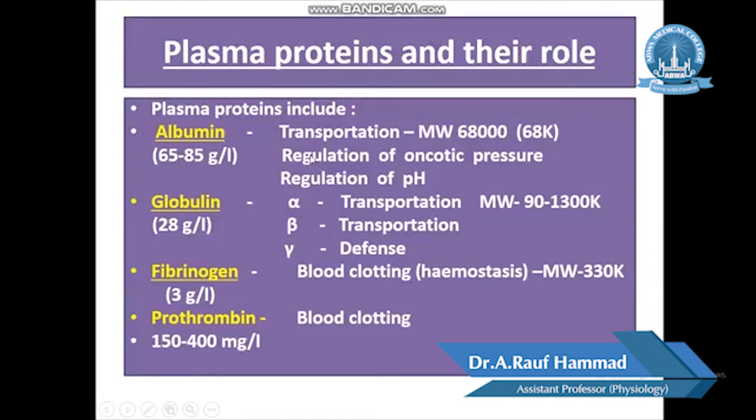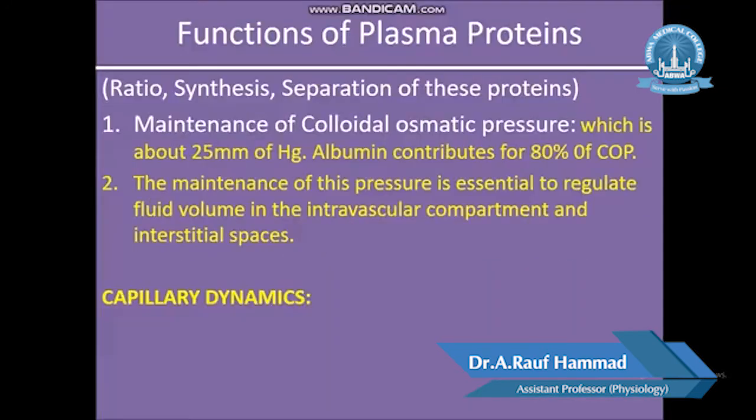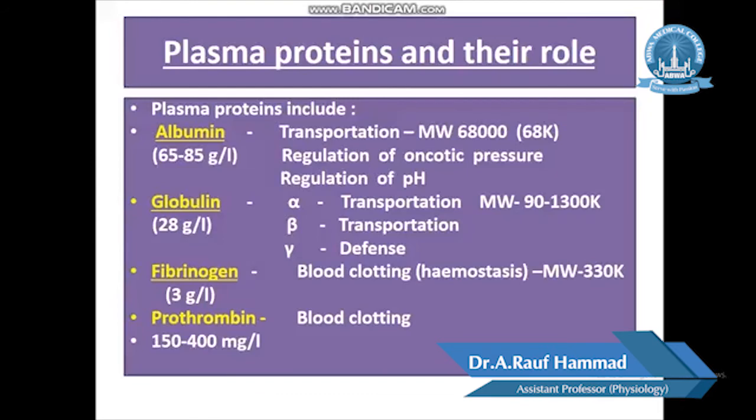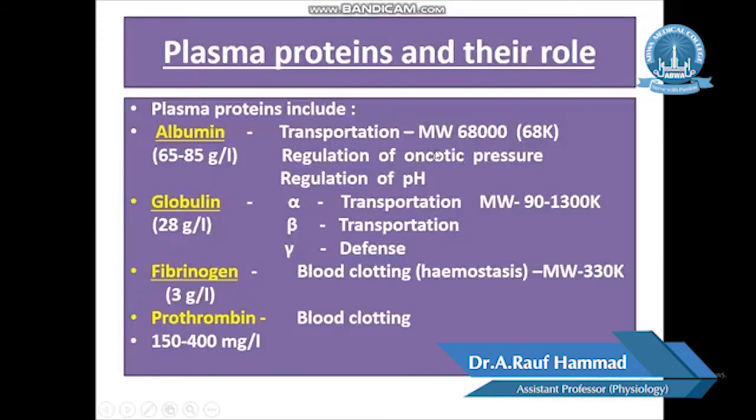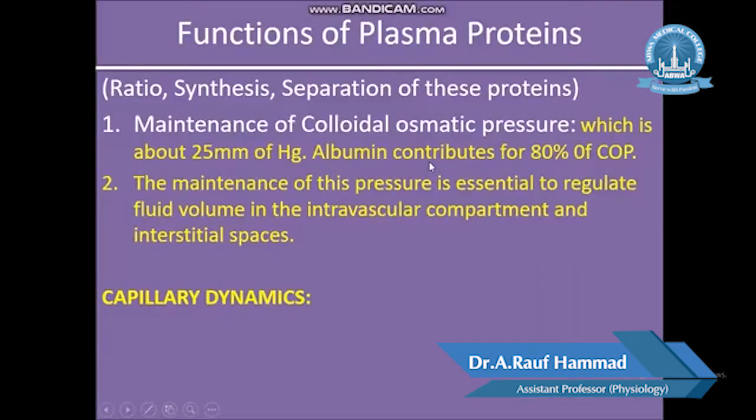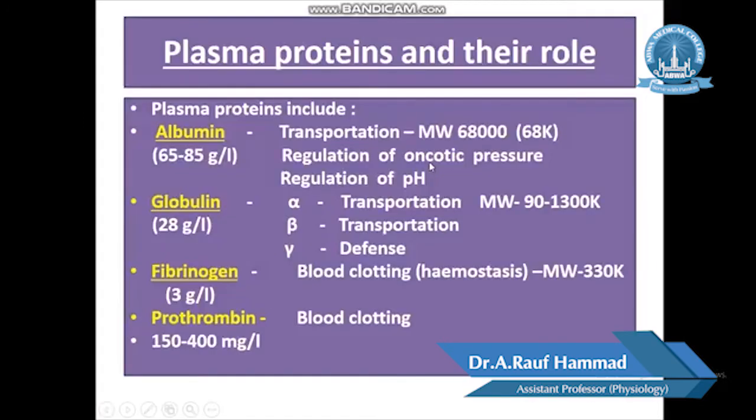And the second function of albumin is regulation of oncotic pressure. Oncotic pressure is just like osmotic pressure, but when it is oncotic, it means it is the pressure exerted by the plasma proteins, and mainly the protein is albumin and then globulin.